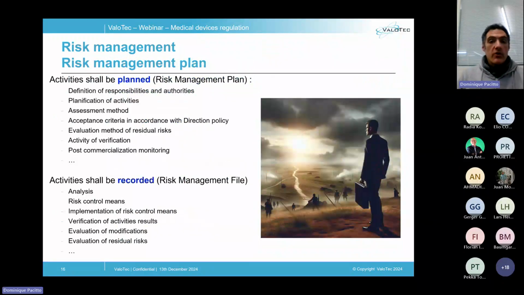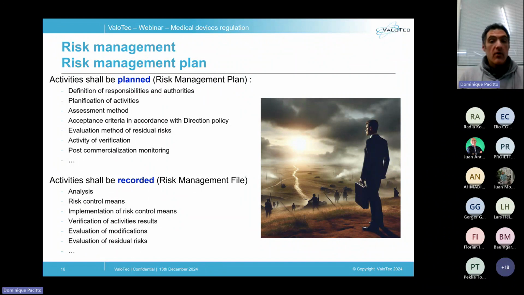The global orientation of the risk management process should be detailed and described within a document called the risk management plan. This document covers what we just talked about, meaning definition of the responsibilities, planning, assessment, and so on.